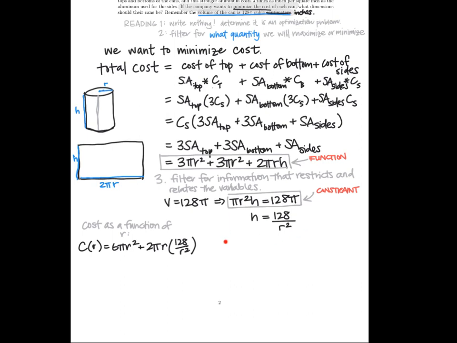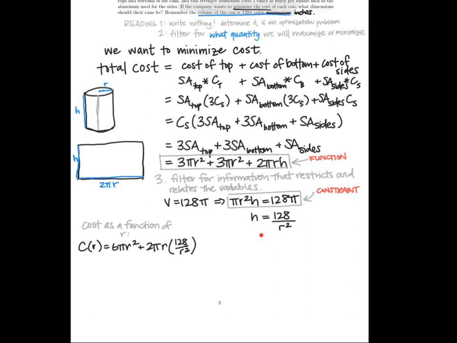Down here, this is telling you, hey, if you plugged something in for radius, it's telling you exactly what height would need to be, because the left-hand side has to equal 128 pi. The constraint is saying, hey, the volume has to be this. The function is saying, ooh, if radius and height are these two values, here's what the cost would be. It is an input-output relationship.